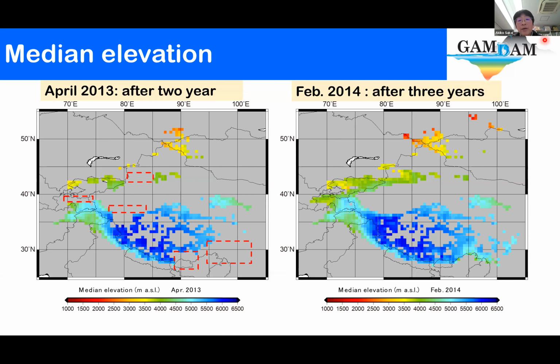And this figure shows the median elevation averaged at each 0.5 degree grid based on merged glacier polygons after 2 years and after 3 years since the project started.